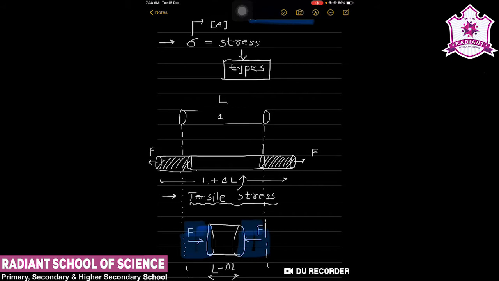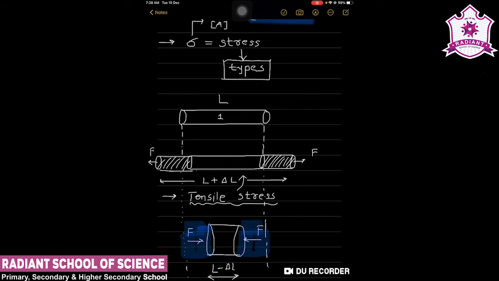Now the increase in its length is supposed delta L as a whole. So the new length will be L plus delta L. Now the delta L is the change in its dimension, but here it is the new length.